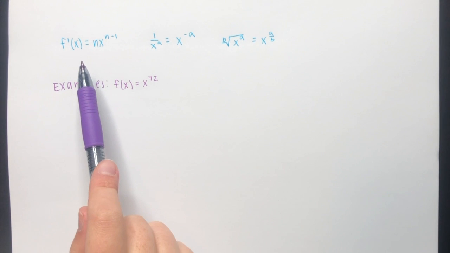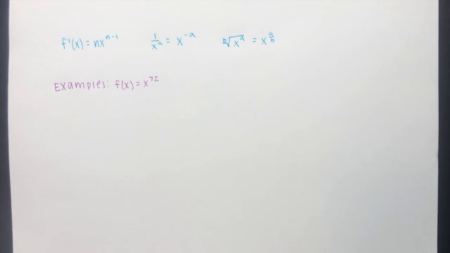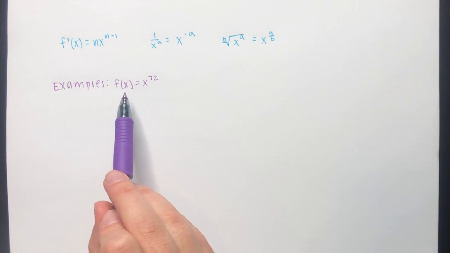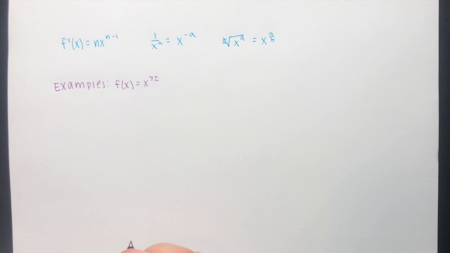I have written up here for reference the power rule and two scenarios in which we do use the power rule to solve, even though it doesn't look like it at first glance. So let's begin. The first example, we're going to find the derivative of f of x is equal to x to the 72nd. While the 72 is a large number and it may seem intimidating, it actually is quite easy to solve this function.